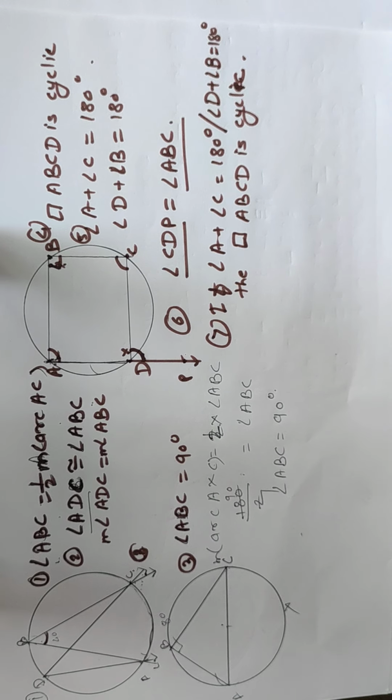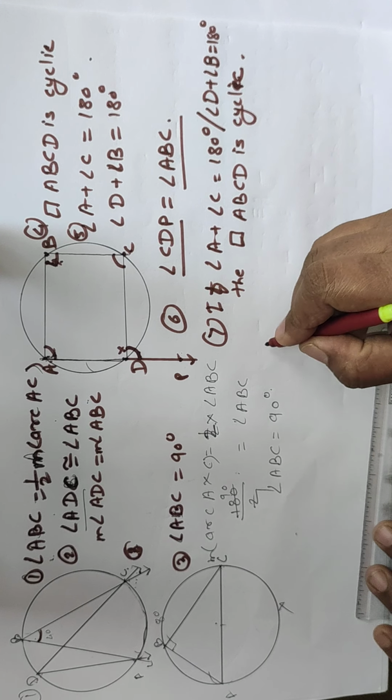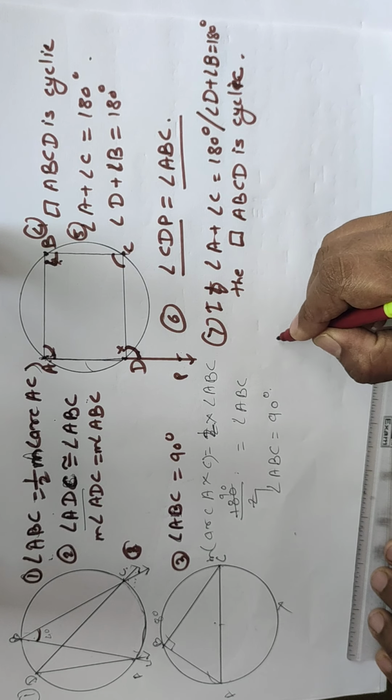Next point we understand: if a line segment subtends equal angles at two different points which lie on the same side of the line, then those 4 points are concyclic. This is the 8th point.